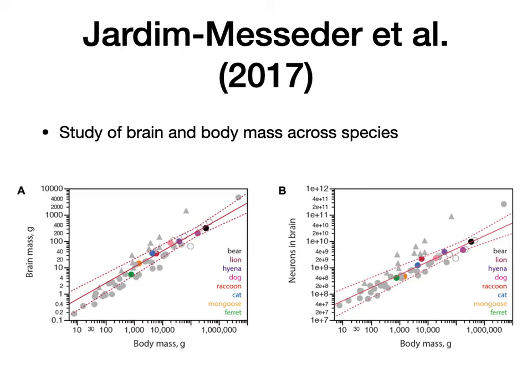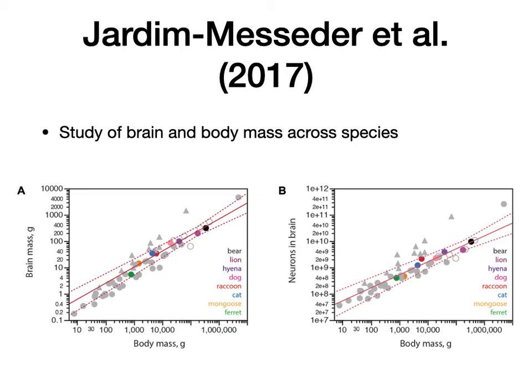So a bear is up at the high range. It has a lot of body mass, but it's also got a lot of brain mass. It's right on the line, right? It's right on the average. So for every pound of muscle, some amount of brain mass comes along with it. Well, muscle and fat and bone and all the other tissues, right? Now, there's two different graphs here. One is the brain mass versus the neurons in brain, which there's a subtle distinction there.